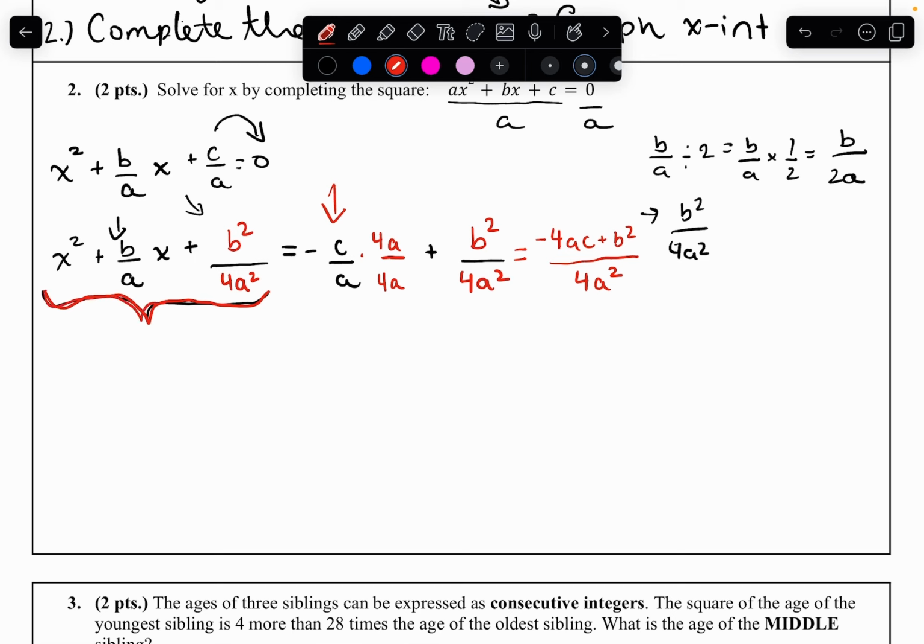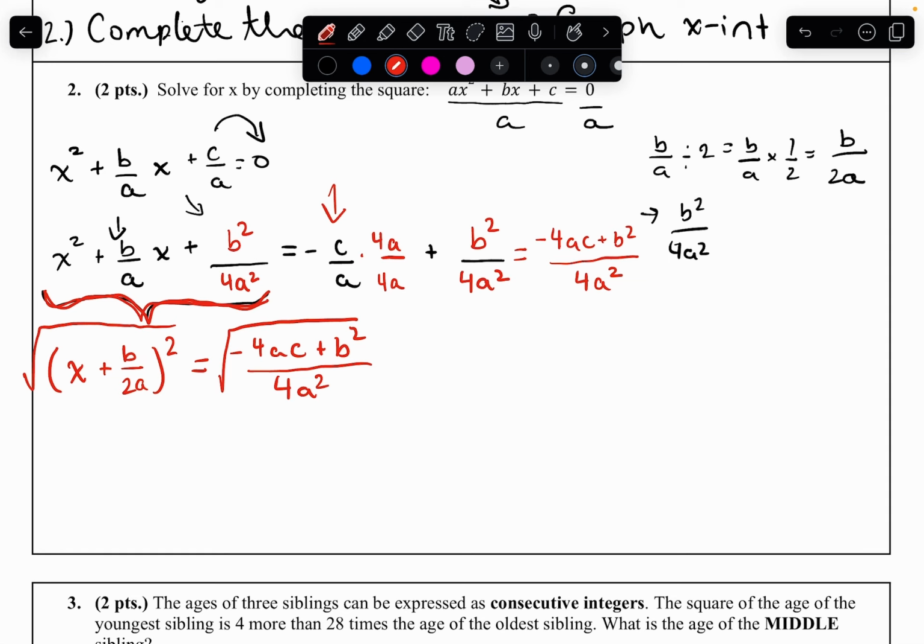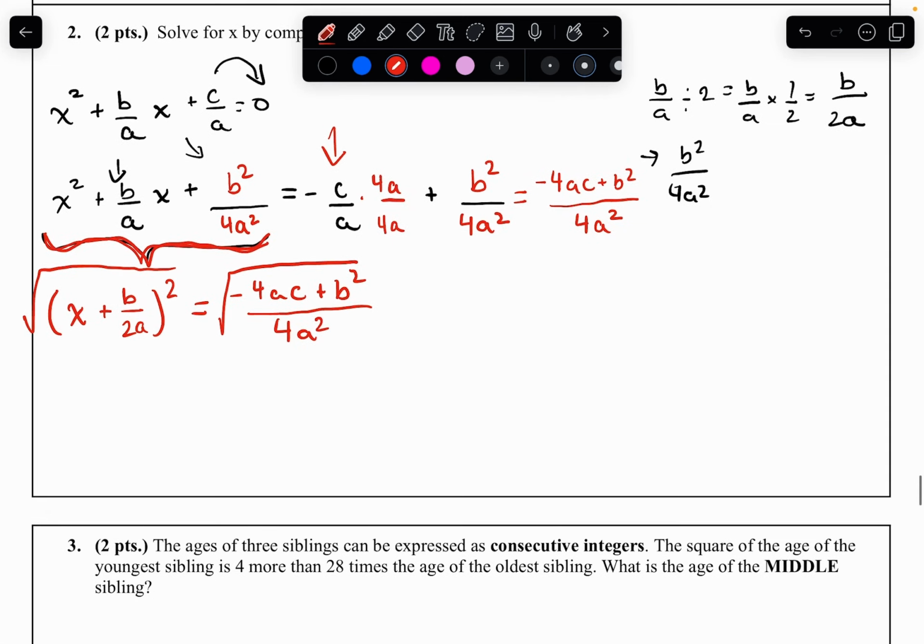Now the factored form of this perfect square trinomial is x plus b over 2a squared, and we said that that was equal to negative 4ac plus b squared over 4a squared. And if we want to undo squaring something, we take the square root. And what we do to the left, we must do to the right.